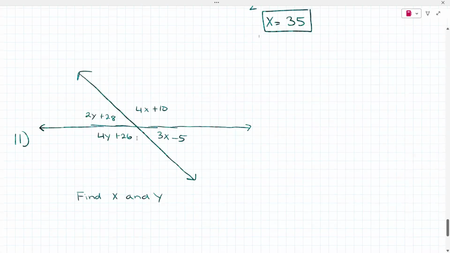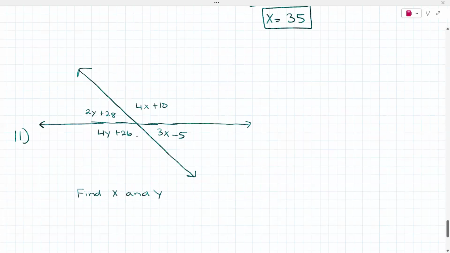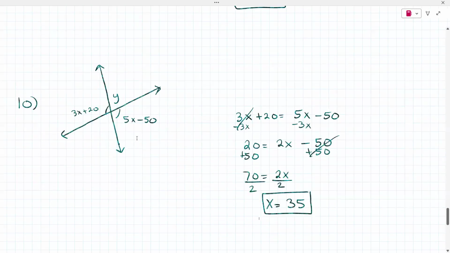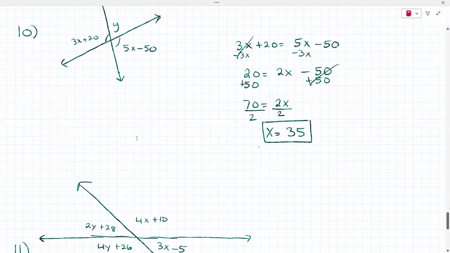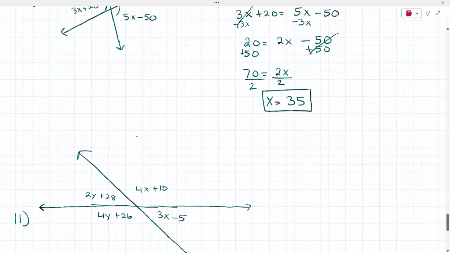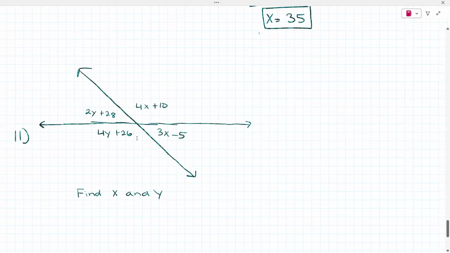Okay, number 11, find x and y. Number 11, we have two vertical angles.